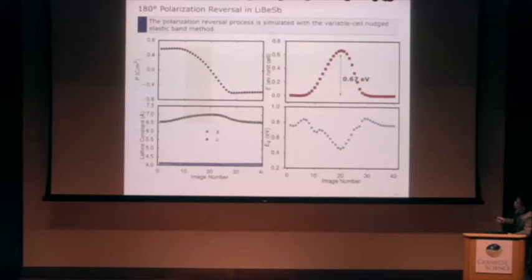If you look at this intermediate region, when the polarization becomes smaller, the c-axis actually becomes larger. And when the magnitude of the polarization becomes larger, the c-axis shrinks, contracts. So again, all different computational methods are consistent with each other, really demonstrating the presence of the negative longitudinal piezoelectric effect.